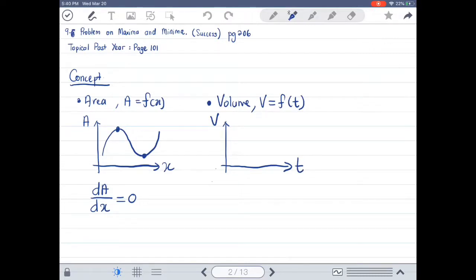And again, say the graph looks like this, at maximum volume, or maybe minimum volume, the differentiation, the gradient function dV over dt, why is it over dt? Because it's a function of t, will equal 0. And it can be applied to finding maximum or minimum area, volume, length or height or mass, depending on the question.